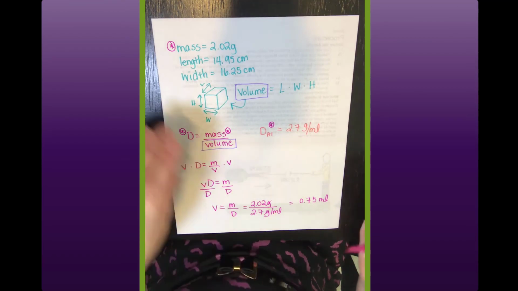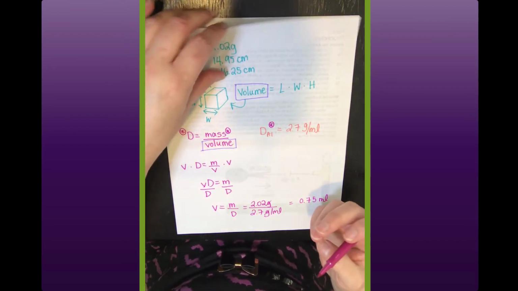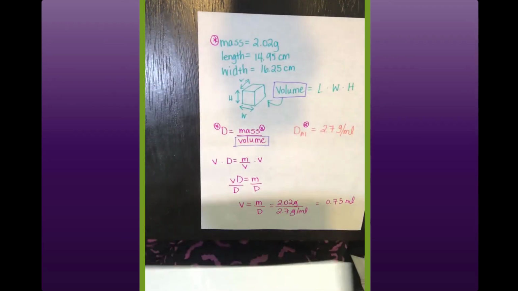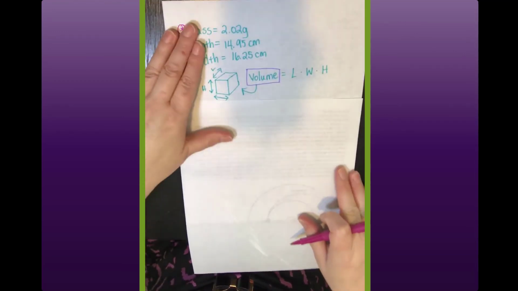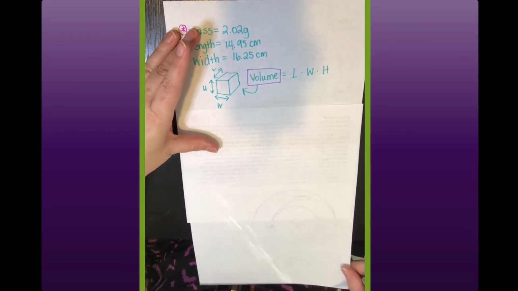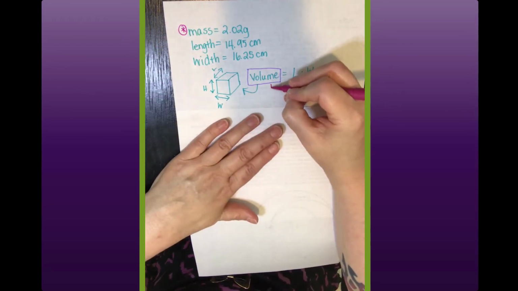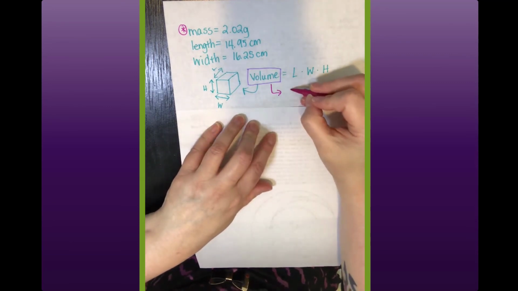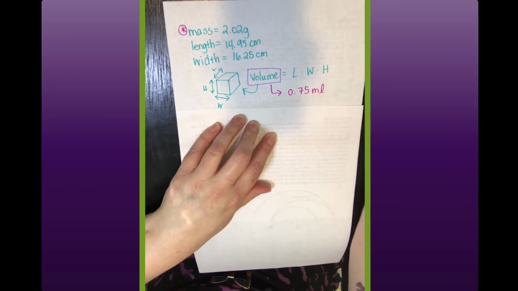All right, so now we know the volume as well. So we can add this to our list of values that we know. We now know that for our piece of aluminum foil, that volume is 0.75 milliliters.